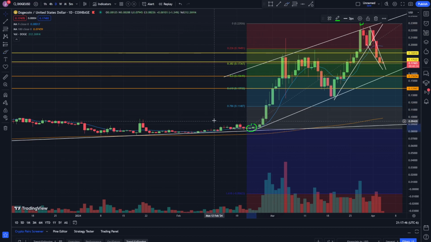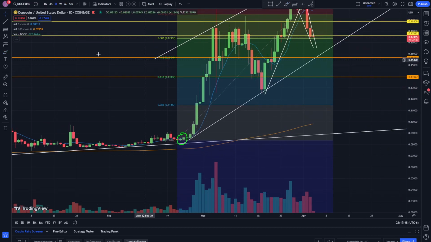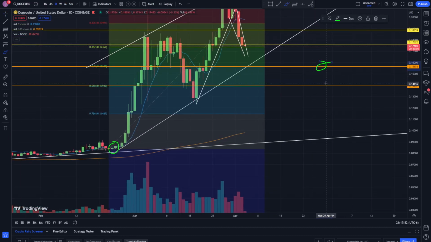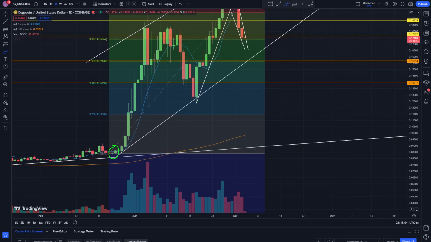And so that's where I'm getting these next levels, those orange lines, right here and right here. This is the 50% level, and this is actually the 61% level. The 38% level actually lined up with the other 50% level. And so these levels are sitting at 0.156 right here, this top one, and the next one is 0.13947.